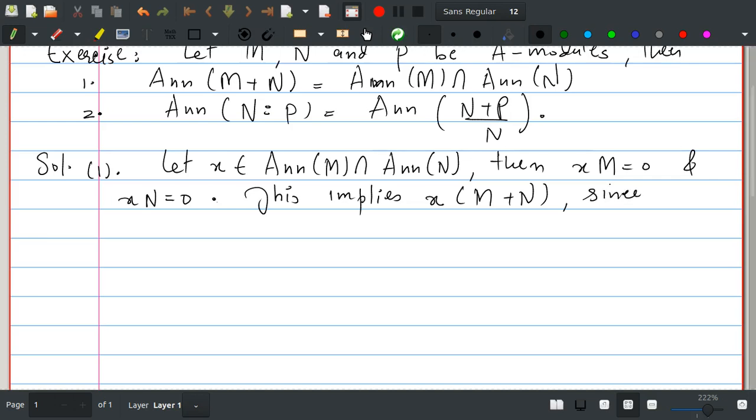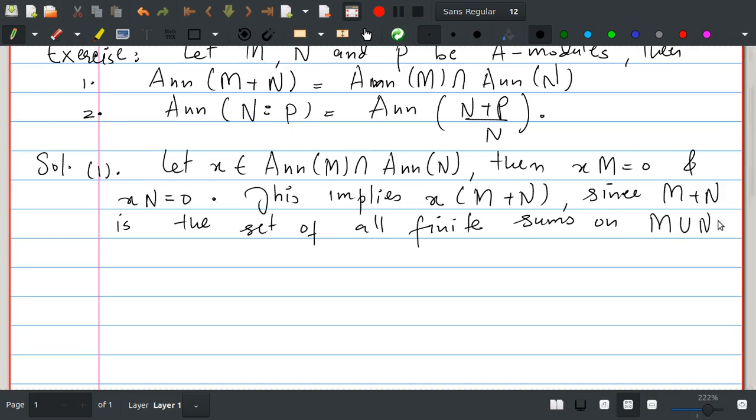Hence, x times the sum is 0, so x is in the annihilator of the sum of these modules.